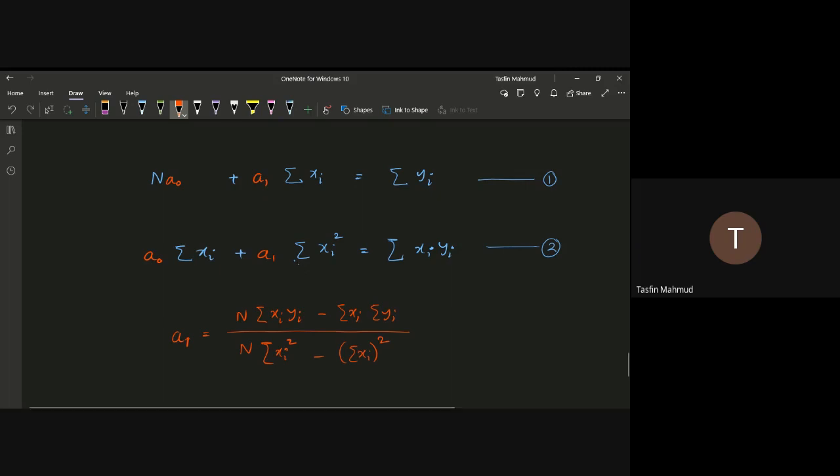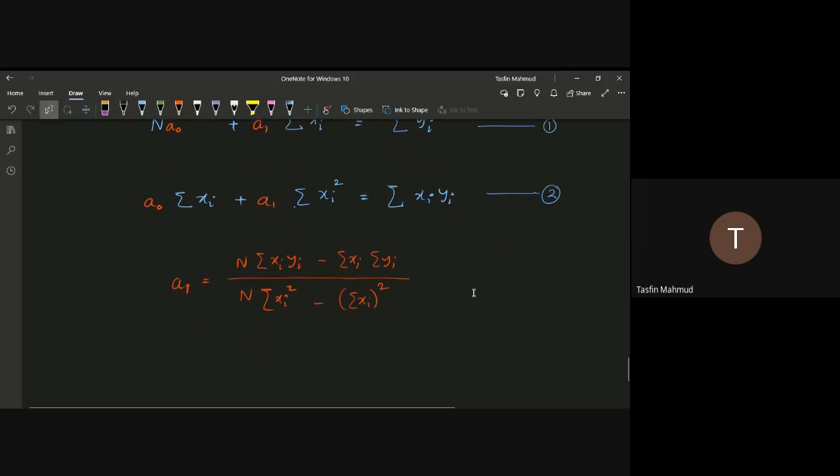Okay, let's make the second expression, for a naught. The expression for a naught will look something like this: summation of yi divided by n minus, as we already know the expression for a1, here we will put the value of a1 times summation of xi divided by n.